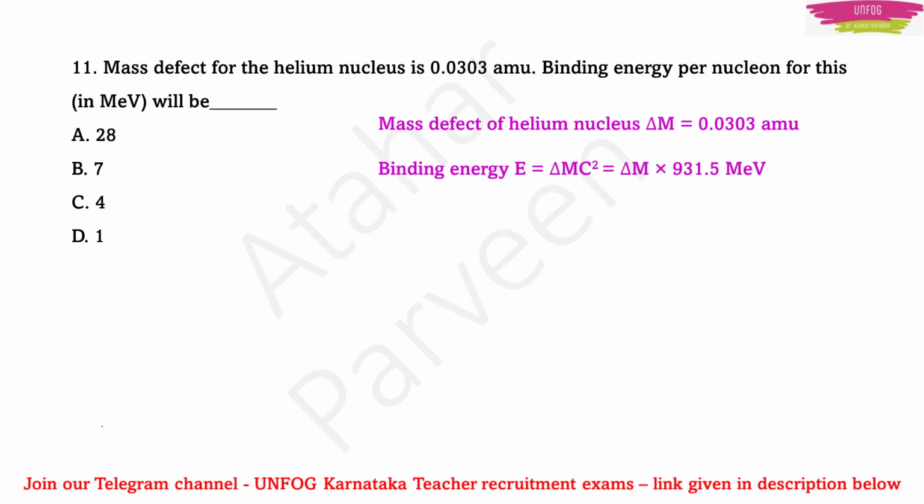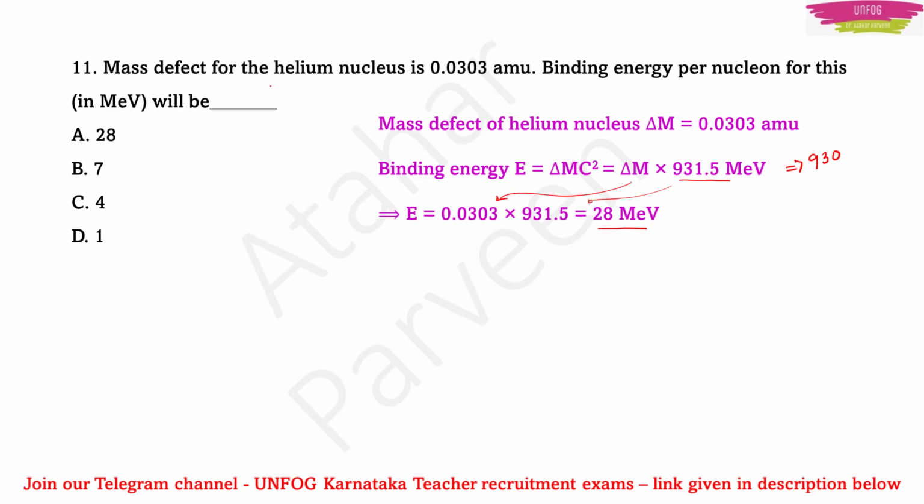Okay, we neglect mass and we directly assume that C square is equal to, in E is equal to MC square thing, 931.5. You write, it is up to you. Or you can also write it as 930 also, just to make things easier in calculation. Then you substitute delta M, they have given, right? You put it here and multiply. Once you multiply, you will get binding energy 28 MeV.